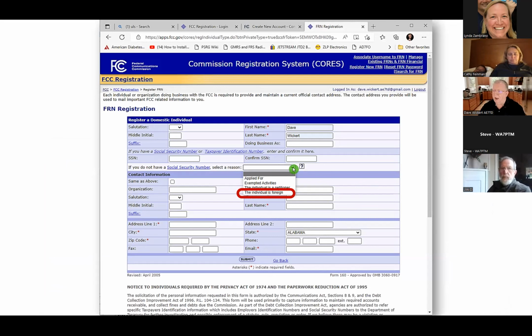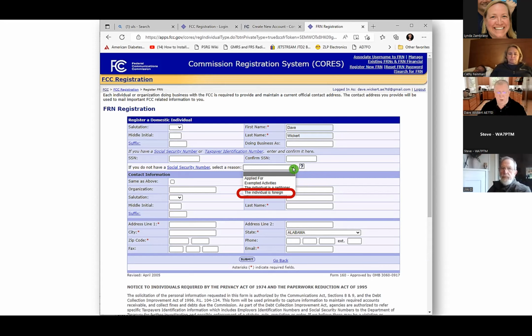Even if you don't have the Social Security number, you can use a taxpayer identification number. So if you're a registered alien here in the United States, you can use your TIN rather than your Social Security number. And if you have none of those, you can say, I am a non-US citizen, in which case you say the reason why you don't have a Social Security number is that you're a foreign national, and you're not required to be a US citizen to get a United States license.